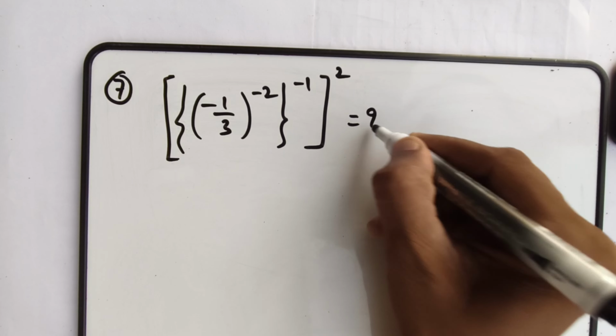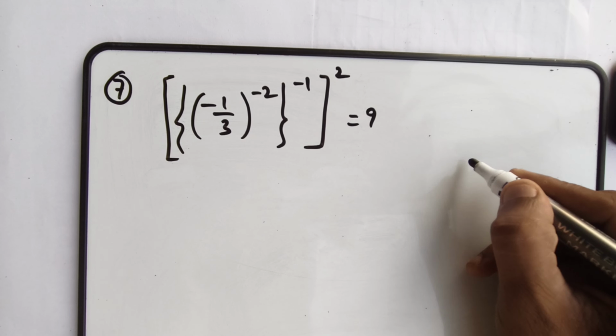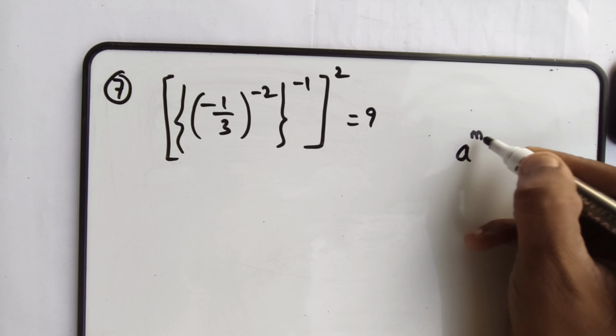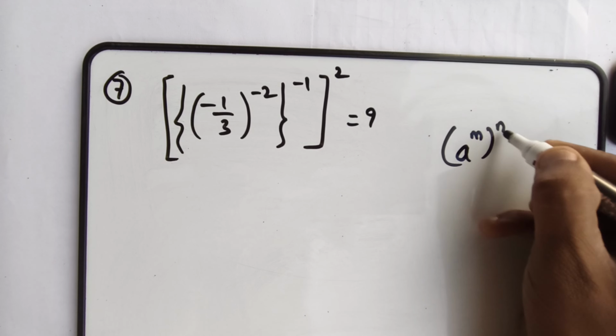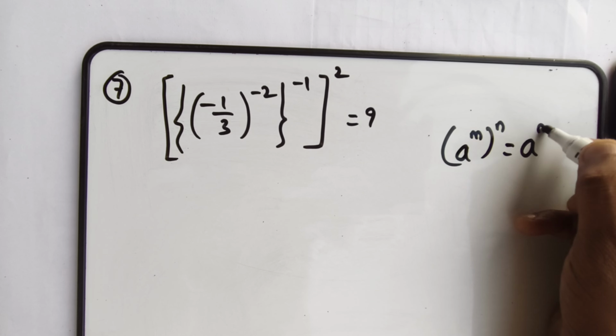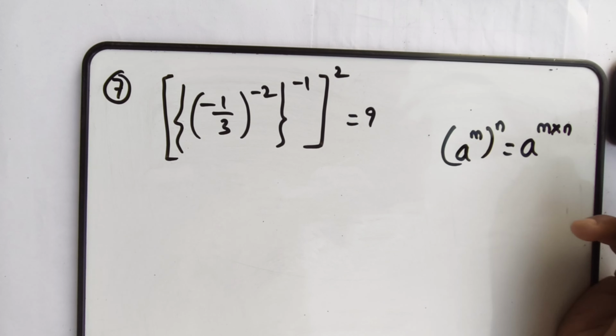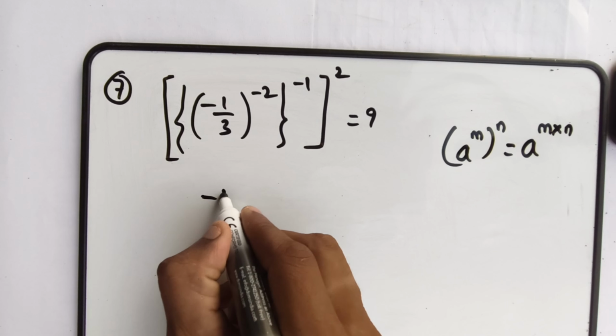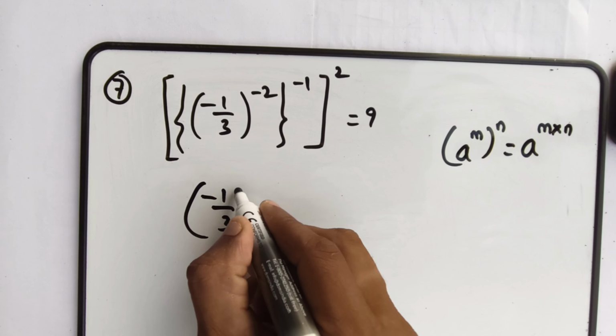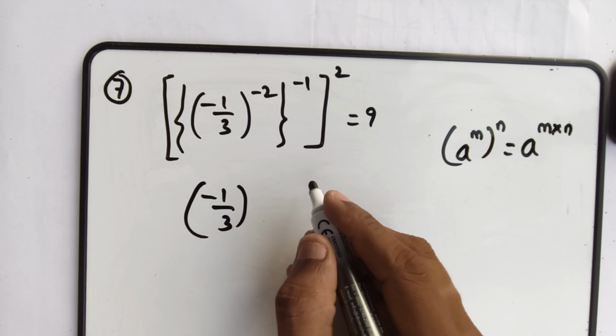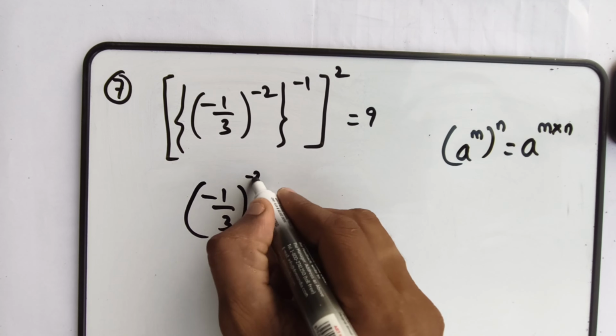Let us solve this question now. It is based on the law of power. See, (a to the power m) to the power n. If it is like that, then the answer is a to the power m into n. I'll multiply all the powers of this given equation now. (Minus 1 by 3) whole to the power minus 2 into minus 1 plus 2.